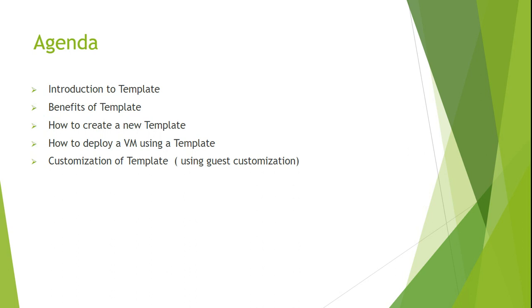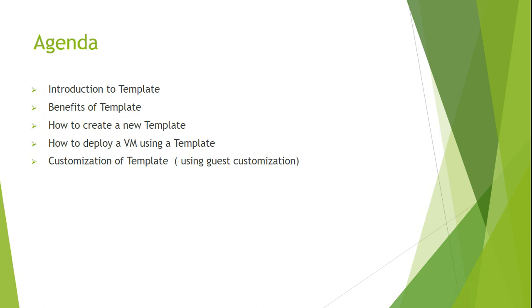the template basically is again a virtual machine, but it's customized to a level where you have all the details and all the applications installed on the virtual machine how you want it, and then we make it a template.